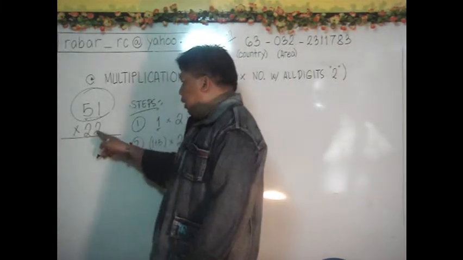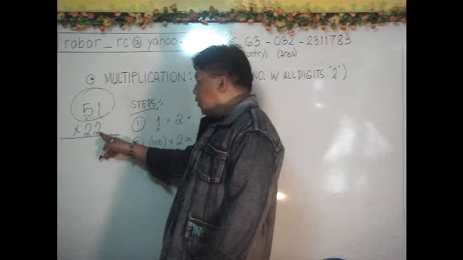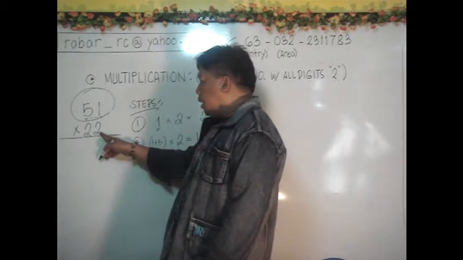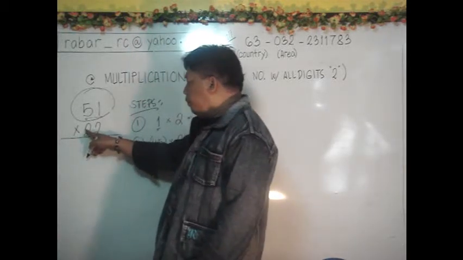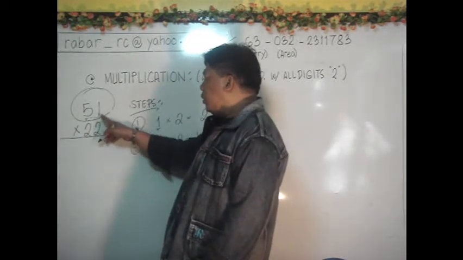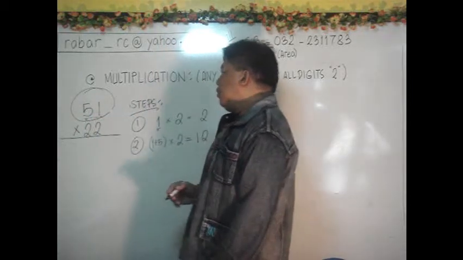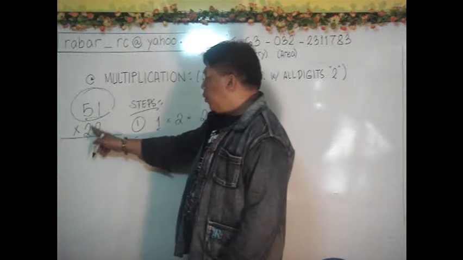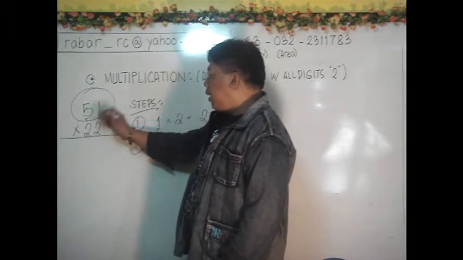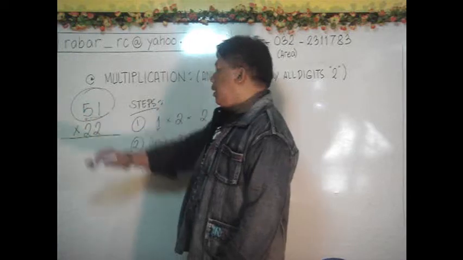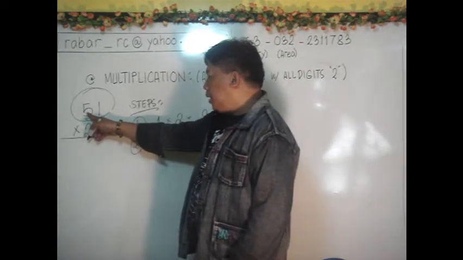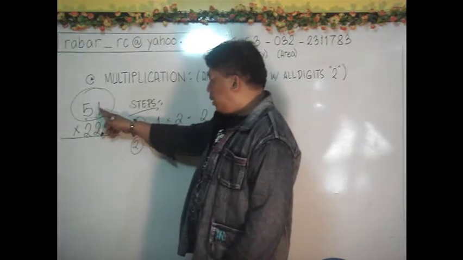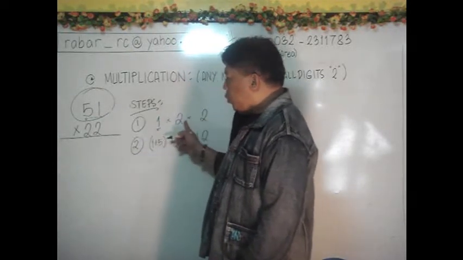Now, the number of 2's in the multiplier is very important, because how many 2's we have is also our maximum addition of digits in the multiplicand. In this case, there are 2, so we are only up to 2. I repeat, the first step is take the last digit, then multiply it by 2.